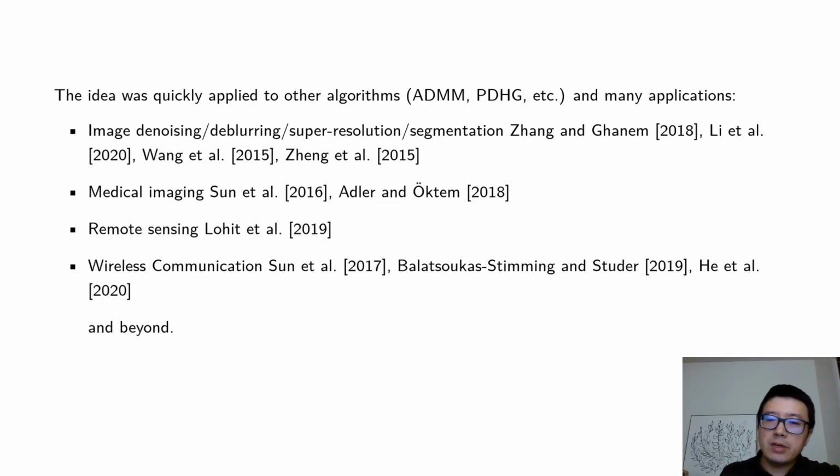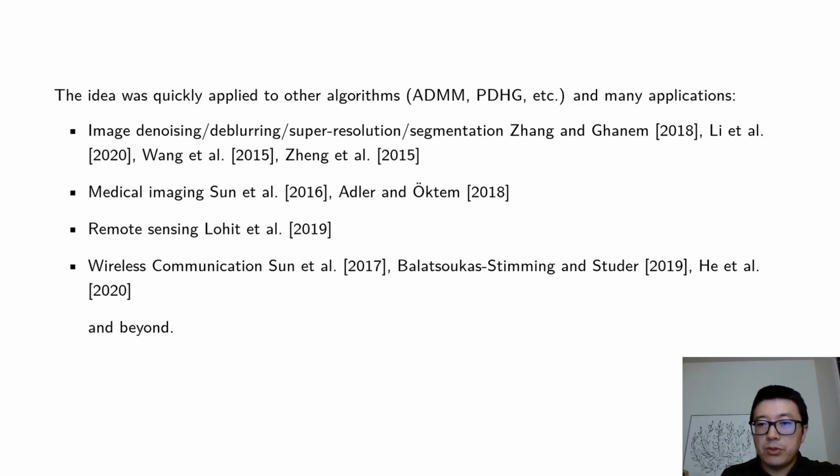So this idea was very quickly picked up by people in this community, actually in different communities. They have applied similar ideas to unroll ADMM and to unroll PDHG. ADMM stands for Alternating Direction Method of Multipliers. PDHG stands for Primal Dual Hybrid Gradient algorithm, and these are operator splitting algorithms that are capable of solving fairly complicated optimization problems, especially involving non-smooth terms.